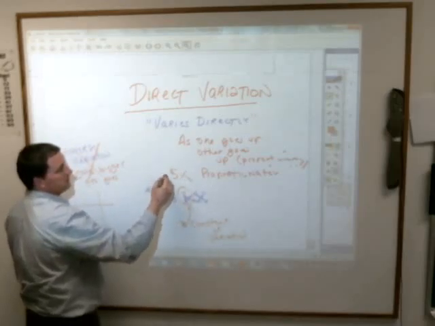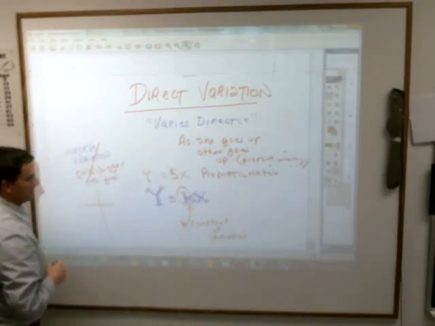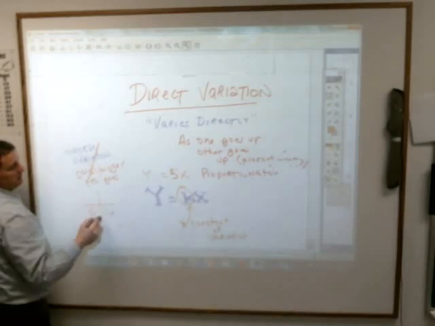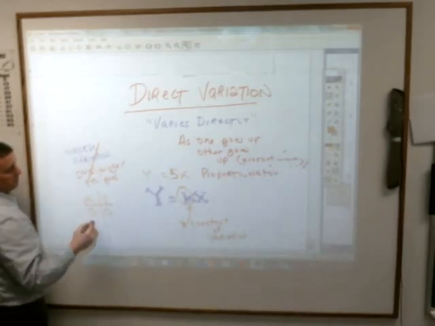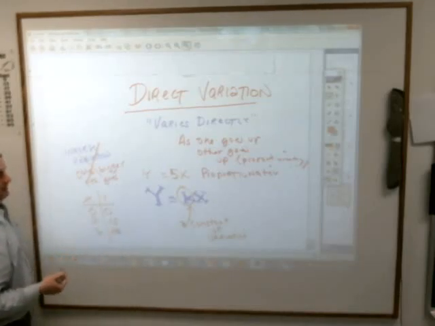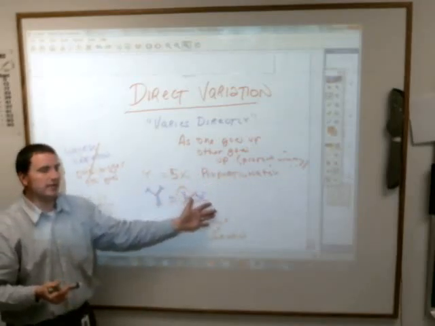X is the number of pizzas you buy, and y is how much it's going to cost you. Buy 0 pizzas, you pay $0. Buy 3 pizzas, you pay $15. Buy 6 pizzas, you pay $30. It is proportional, and it varies directly.